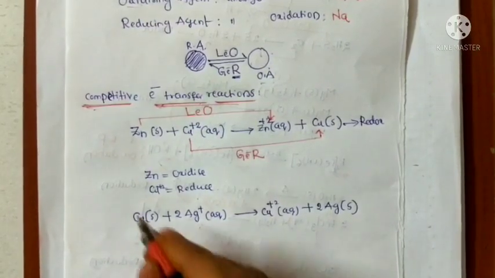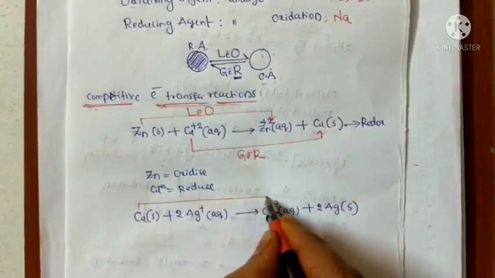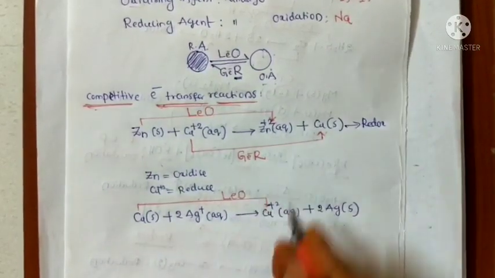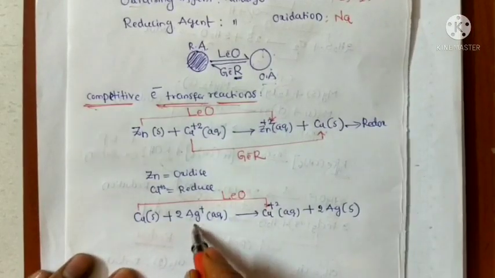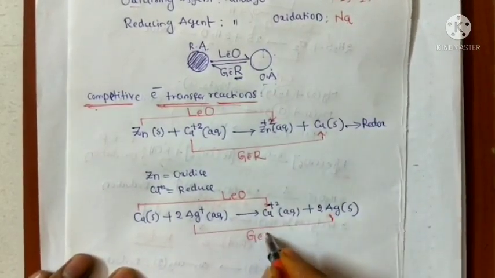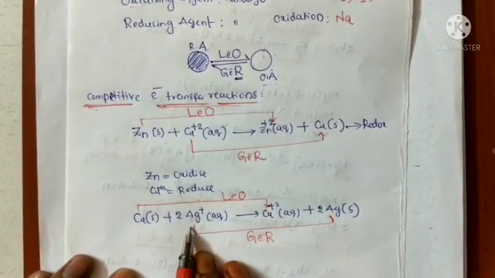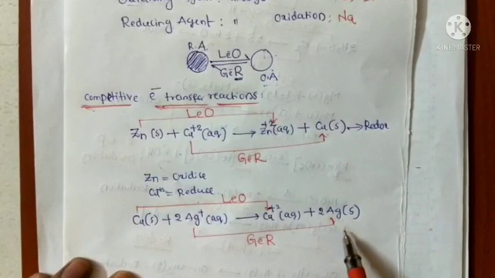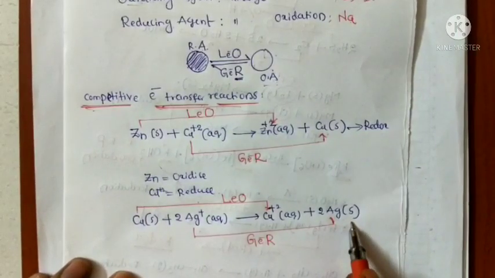In this reaction copper undergoes oxidation because of losing electrons, and silver undergoes reduction because of gaining electrons. Silver plus ions are converted into neutral atoms, that is solid silver.